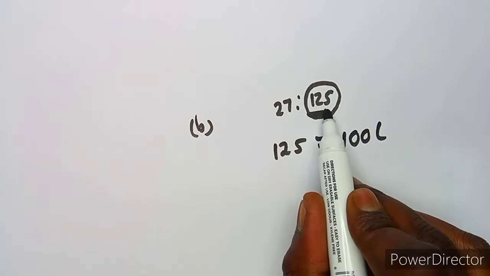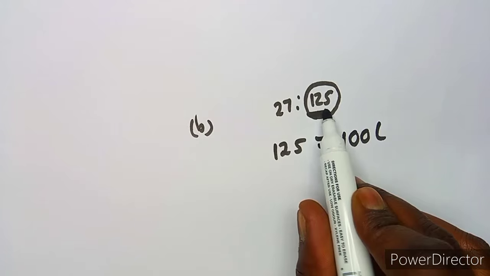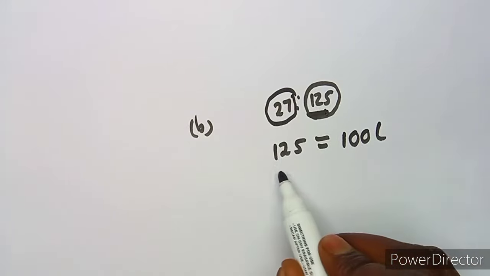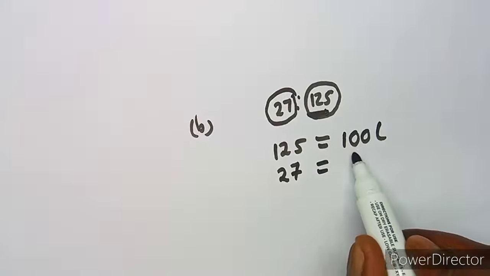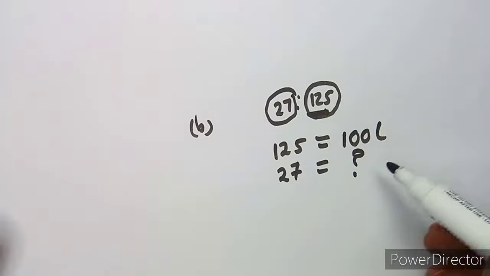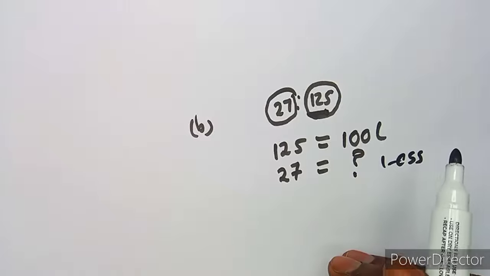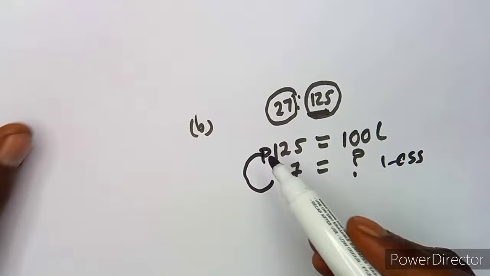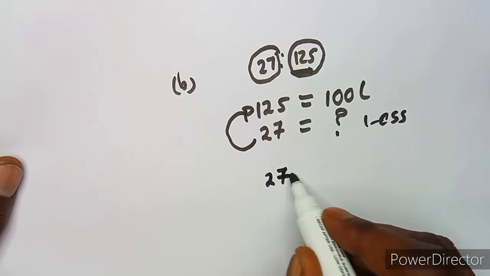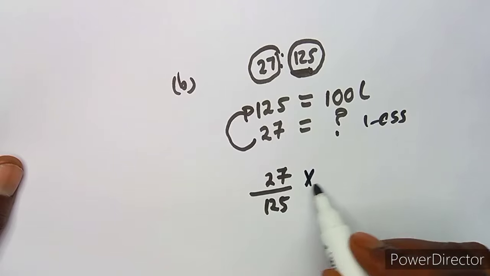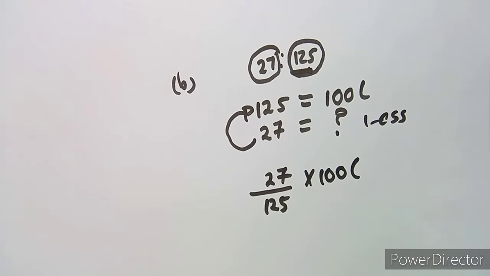So 125 according to ratio is giving us 100 liters. What about the smaller one, which has got a ratio of 27? What is it going to give us in terms of capacity, volume in liters? Back to your proportion, as you can see, it's going to give us less, which means it's 27 over 125 multiplied by 100 liters. So the moment you do that, you have got your volume.